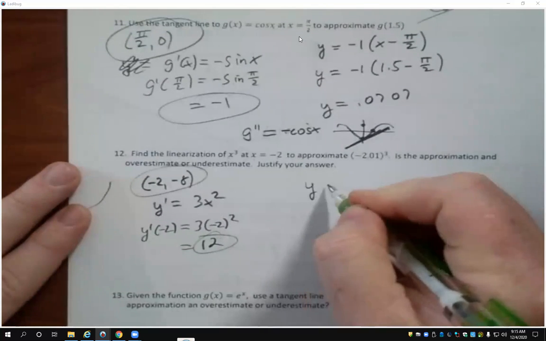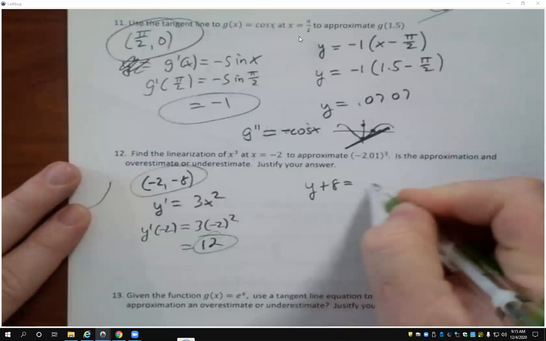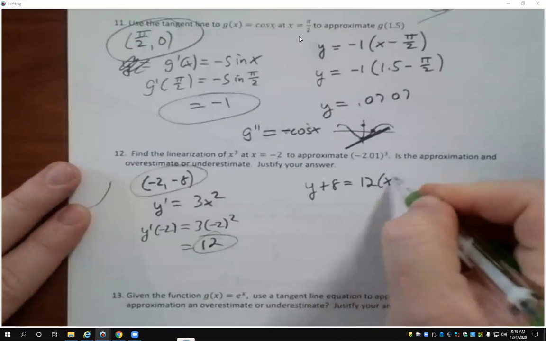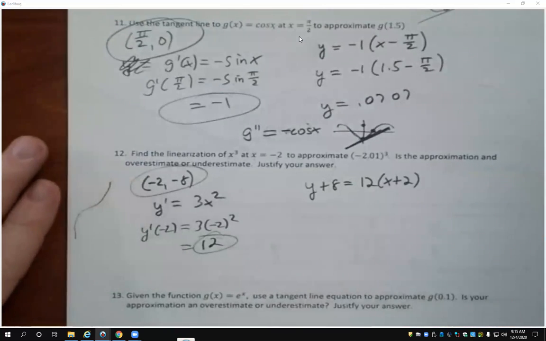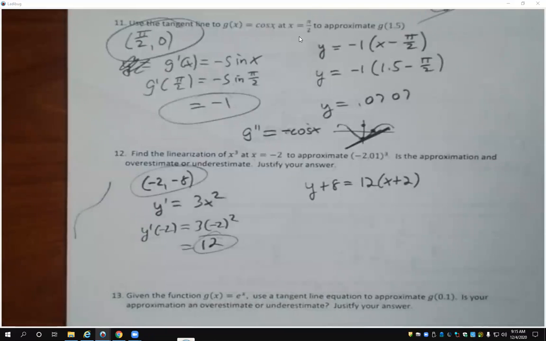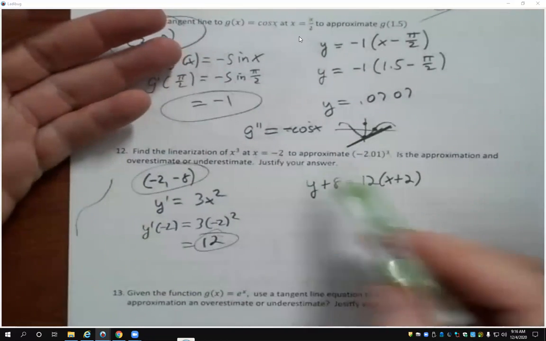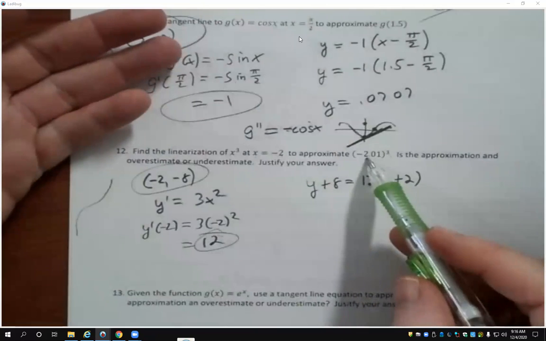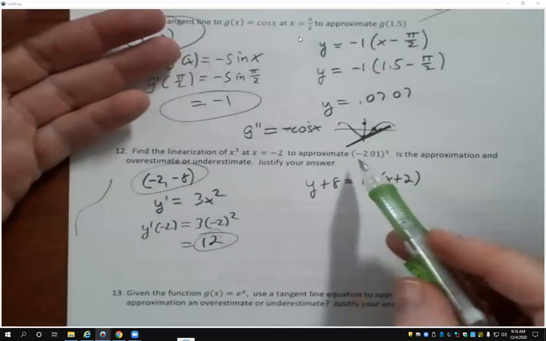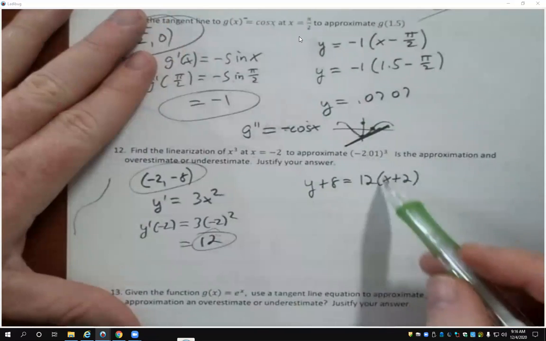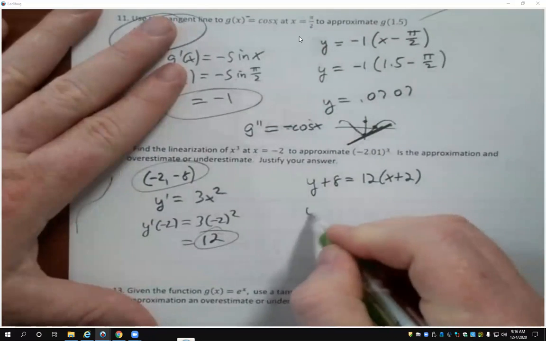Here's my tangent line: y plus 8 is equal to 12 times x plus 2. And by the way, you're always going to get a point to estimate or approximate that's very close to your point right here. We're not going to be getting like negative 3.7. We're going to get one really close.